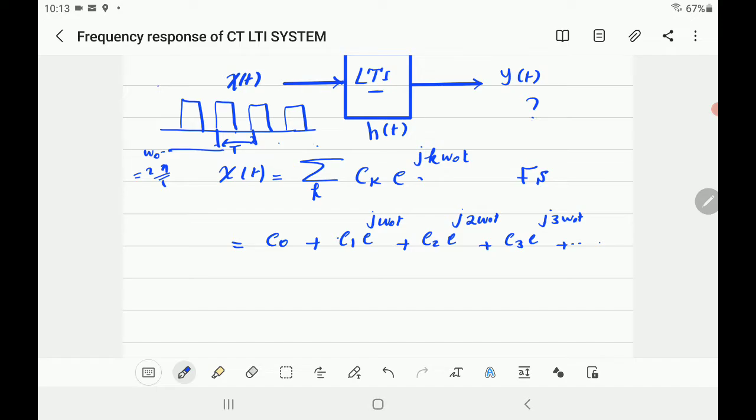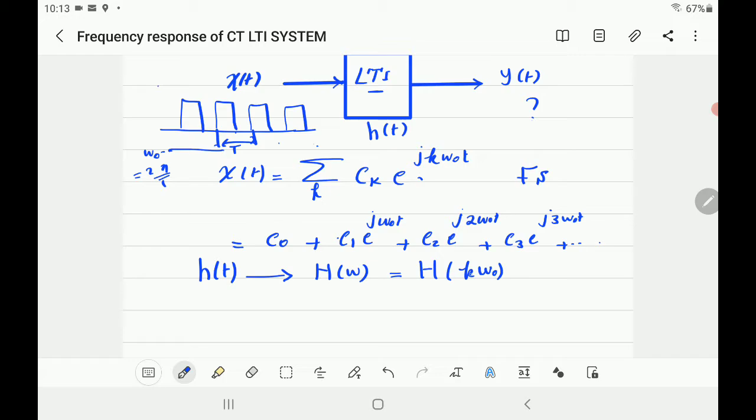Now, how can you find the output? You know h of t, the impulse response in the time domain. Using the Fourier transform, you can convert it to H of omega, where omega is the frequency. Since now you have different frequencies, you can express omega as k omega naught, a multiple of the fundamental.